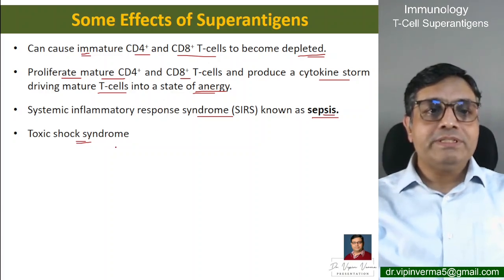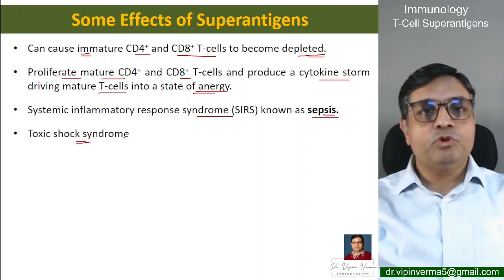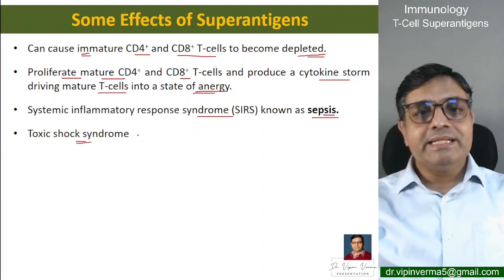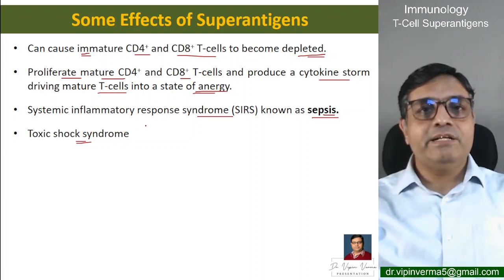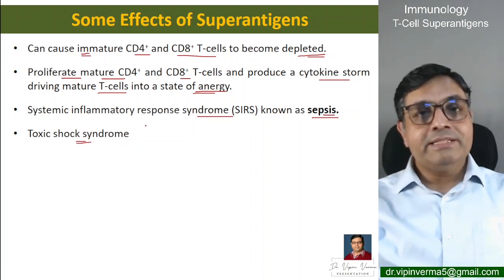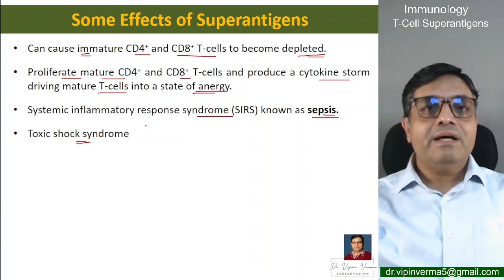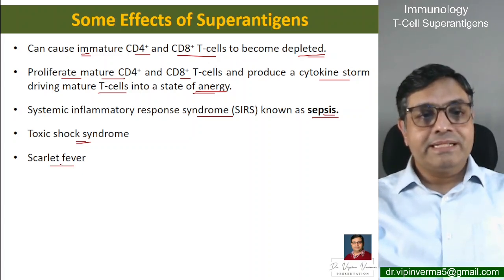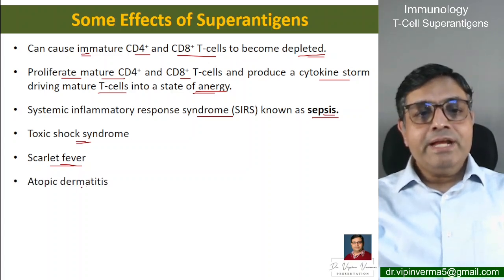So what is food poisoning? It is a kind of toxic shock syndrome, caused by the exogenous kind of superantigen. Then scarlet fever, it can also cause scarlet fever, and atopic dermatitis, which you call eczema.